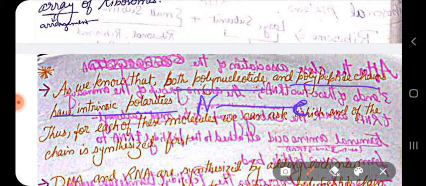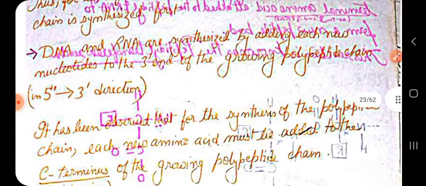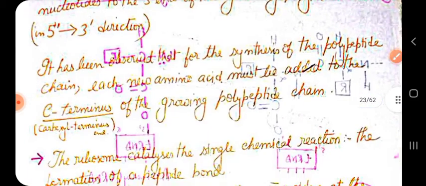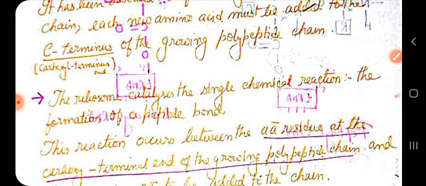The N terminal end is called the amino terminal end, whereas the C terminal end is the carboxy terminal end. Like nucleotides have a 5 prime 3 prime polarity, right? Now why am I talking about polarity?